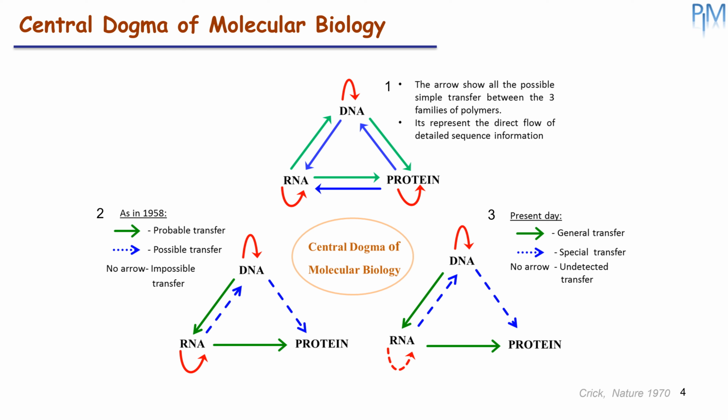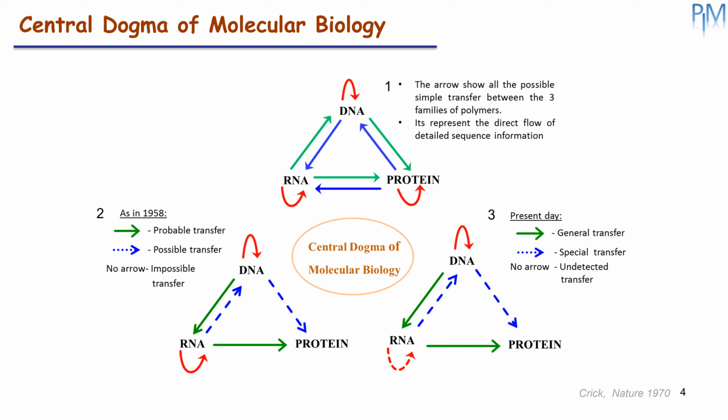What are the possible transfers in the central dogma of molecular biology? This was well postulated by Crick during 1970. Number one, the arrows show all the possible simple transfers between the three families of polymers. They represent the directional flow of detailed sequence information.